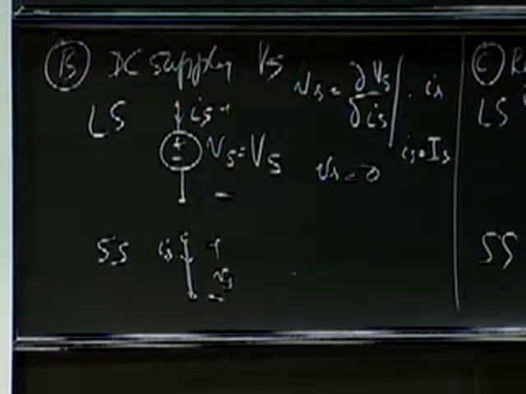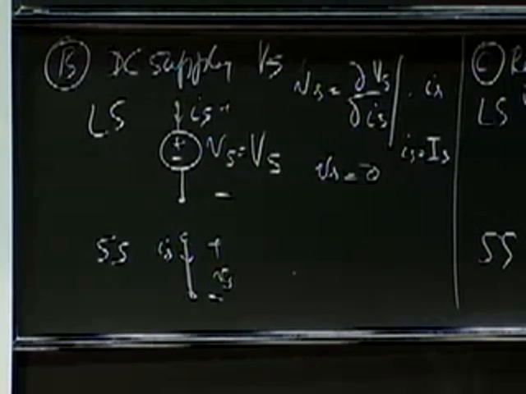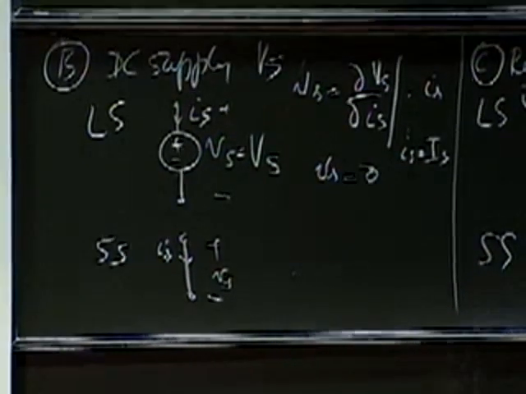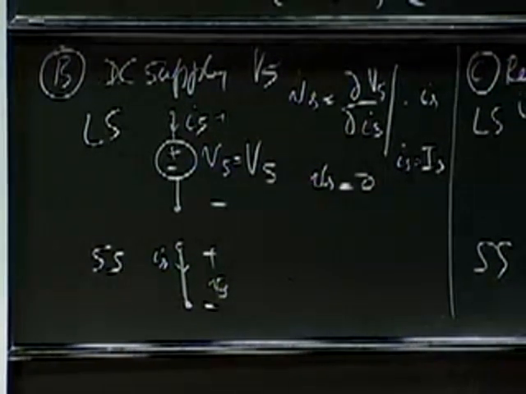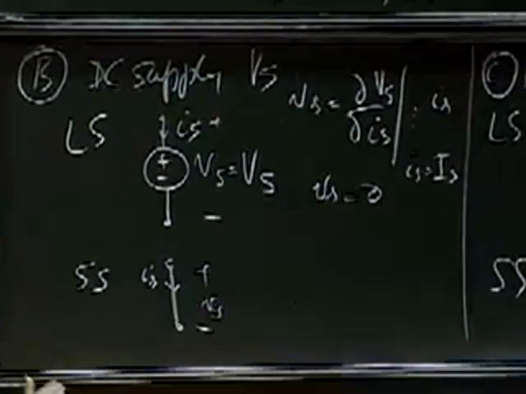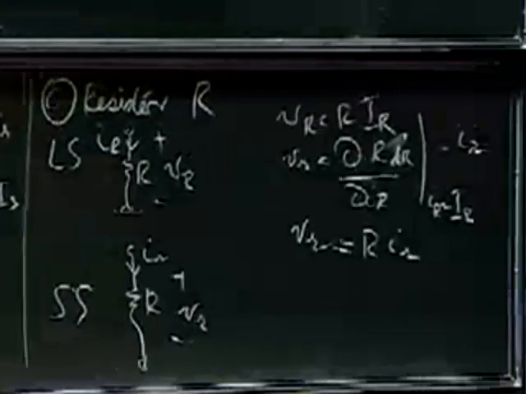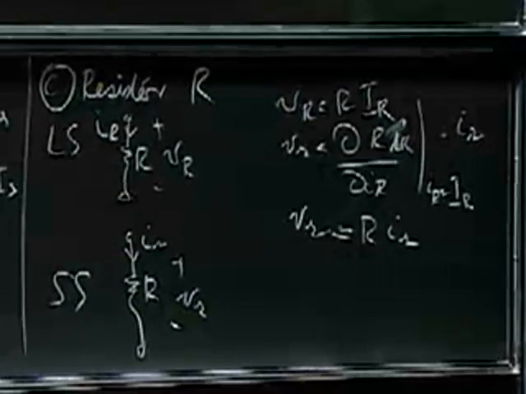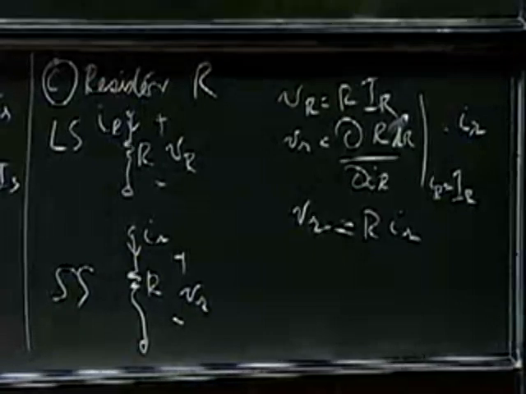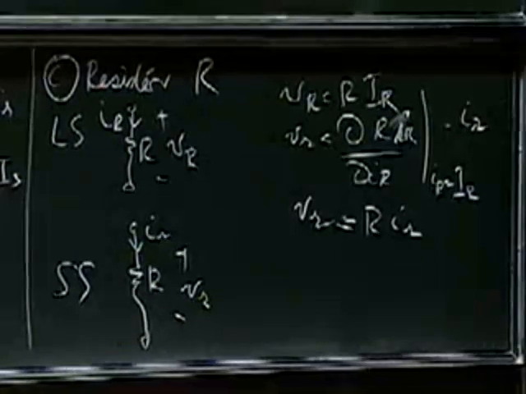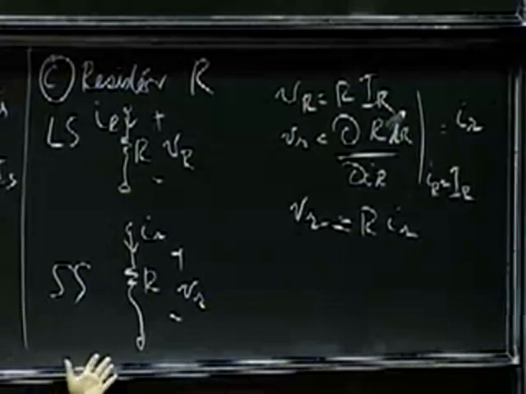The voltage doesn't change. So the small change in the voltage is 0, and that's the same thing as a short circuit. For a resistor, by how much does the voltage change if I change the current by a small amount? Well, it'll change by R times the current change. And that's the property of a resistor, R.